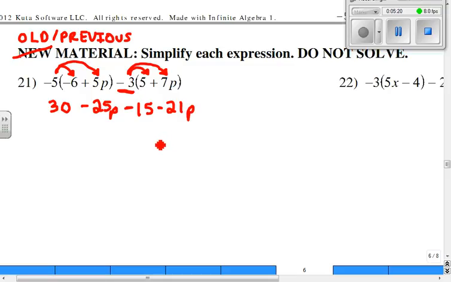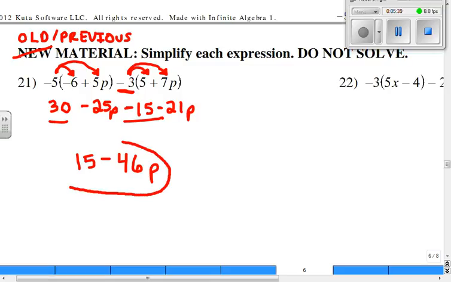Okay, so now we need to combine like terms. 30 minus 15 gives me 15. And negative 25p minus 21p gives me negative 46p. So my final answer on this problem is 15 minus 46p.